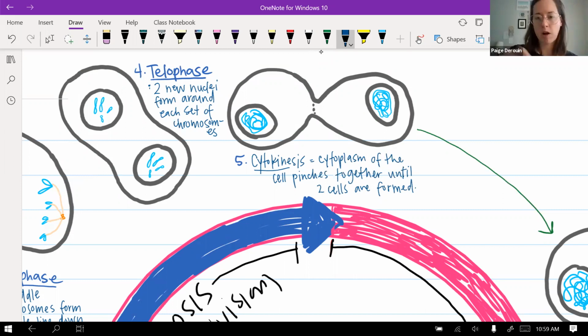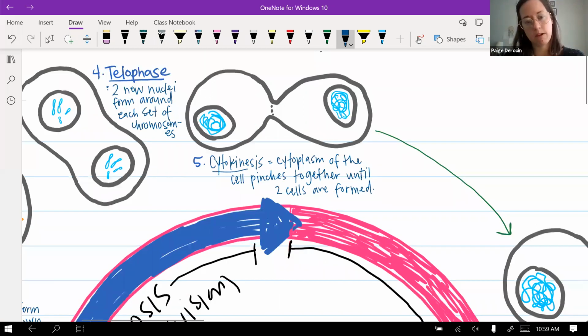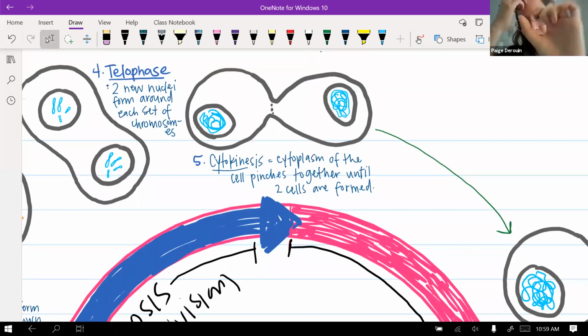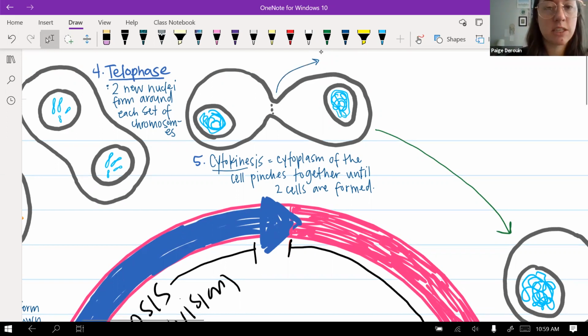So it's like taking a ball of Play-Doh and pinching the middle until it breaks into 2 balls. This dotted line here where the pinching is happening is done by proteins. It's like putting a belt on the cell and tightening the belt until it pinches all the way off. This structure has a name. It's called a cleavage furrow.